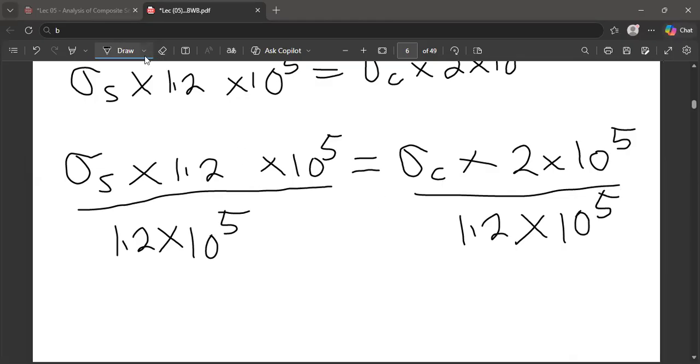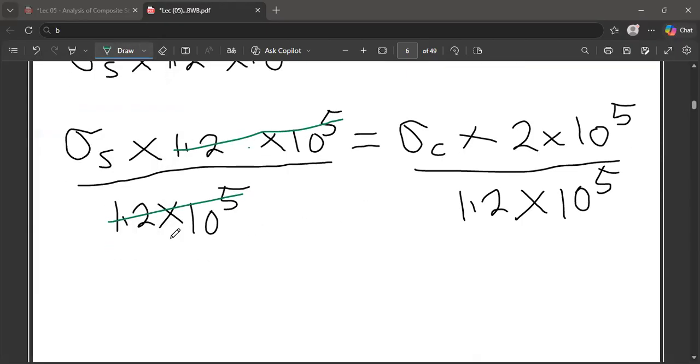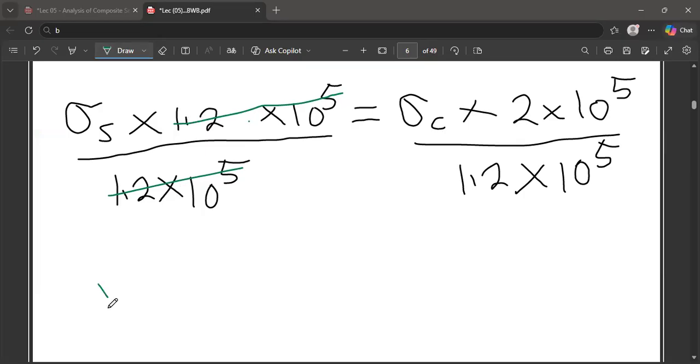Let me use a different color pen to cancel out, and this will take care of this. So finally, what are we left with?